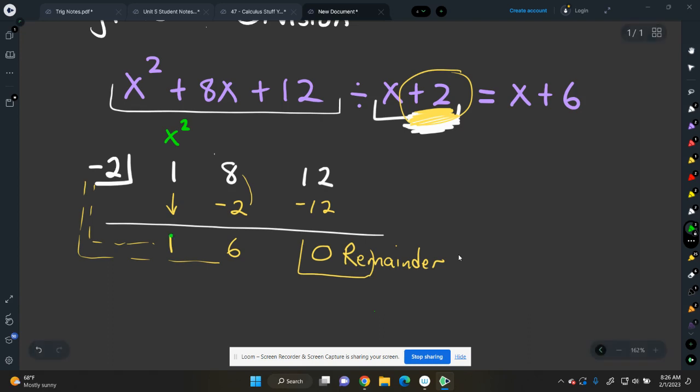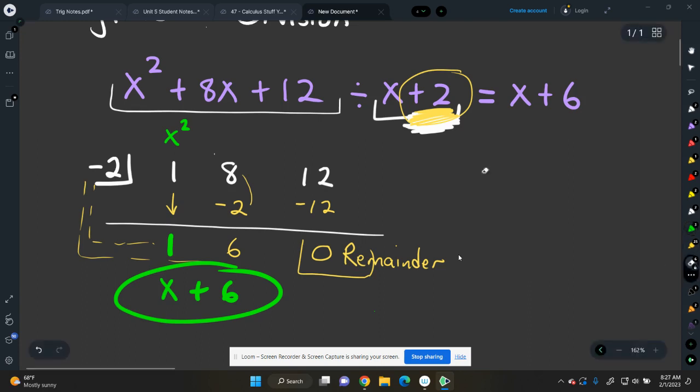So down here where I have a 1, instead of x squared, this is going to be the x. So it's going to be 1x plus 6. There's my answer. So x squared plus 8x plus 12 divided by x plus 2 equals x plus 6.